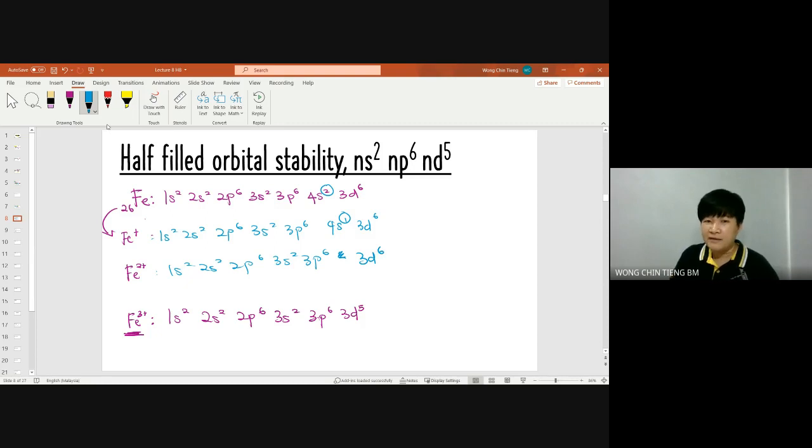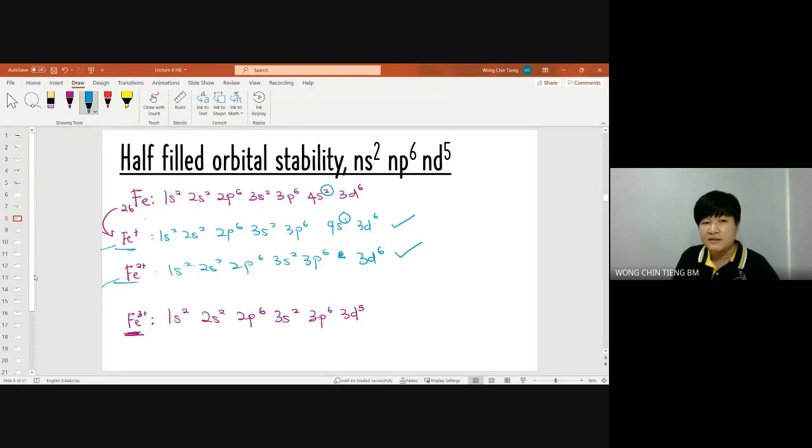But why after this is still not so stable? Kalau Fe2+, wujud tak? Wujud. Stable tak? Tak stable. Dia duduk lama tak kat sini? Tak lama.